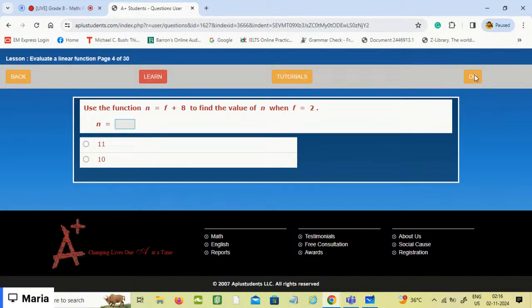You need to replace the f with 2. So 2 plus 8 equals 10. Option number 2 is the correct option.